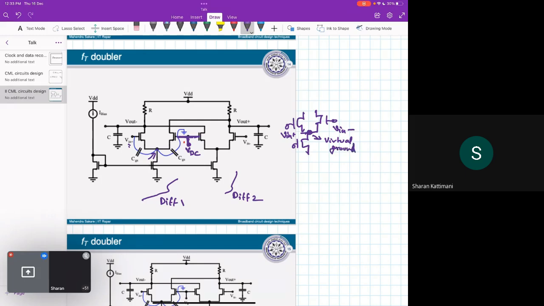But if your input is applied here and here, and this is connected, then this middle node will be the virtual ground.